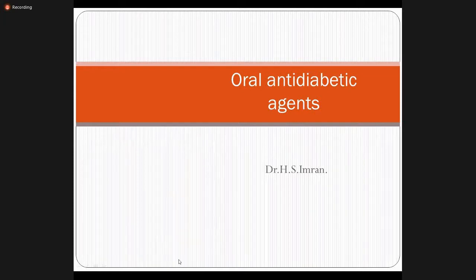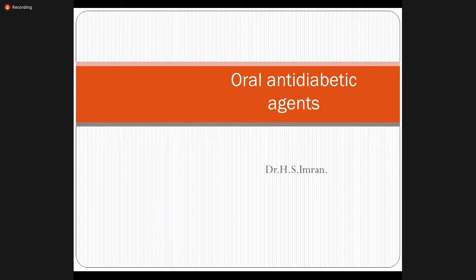We have discussed this point also: if the function of beta cells is intact. So two possibilities can occur. Either beta cells are releasing a low amount of insulin, and number two, insulin resistance. That means the function of insulin is not proper.